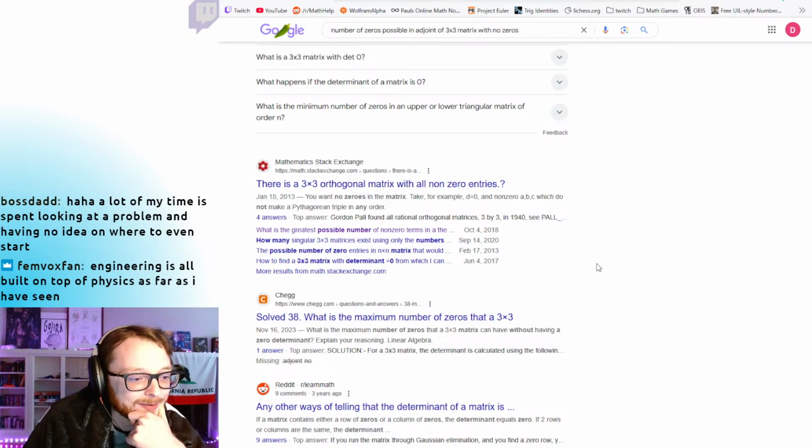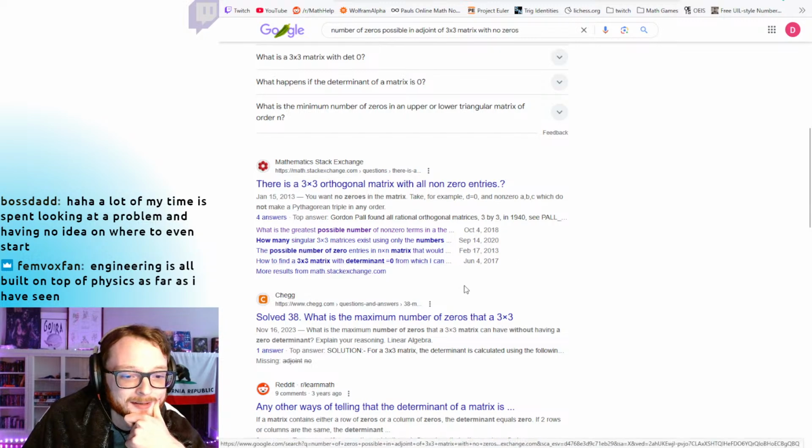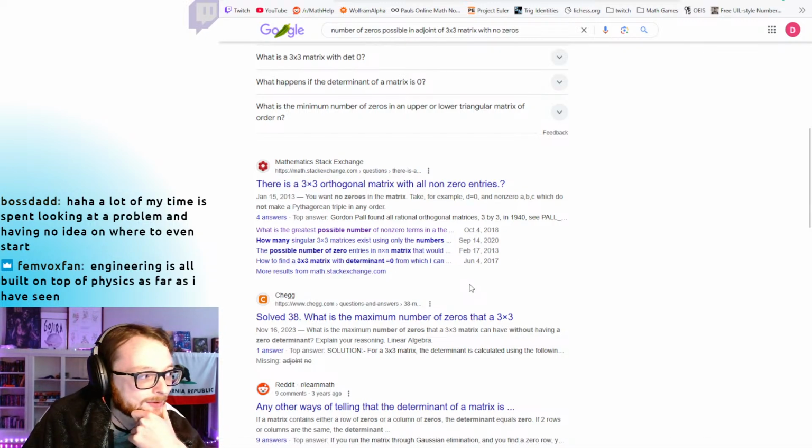Engineering is built on top of physics, as far as I've seen. Yes, but it's really specific, niche physics. Even the other day, someone asked me the tear strength of fabric, and they have different values depending on how you're tearing.